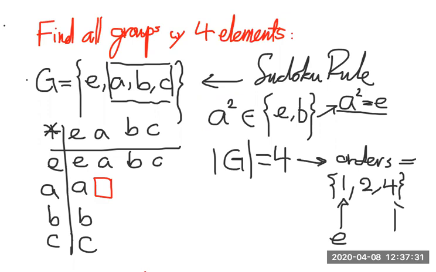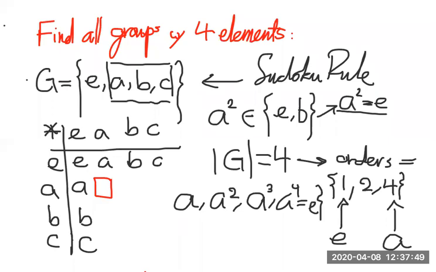If there is something with order 4, let's say A, it means A, A squared, A cubed, and A to the 4th, which is the same as the identity, are all different elements. These 4 things are not equal.